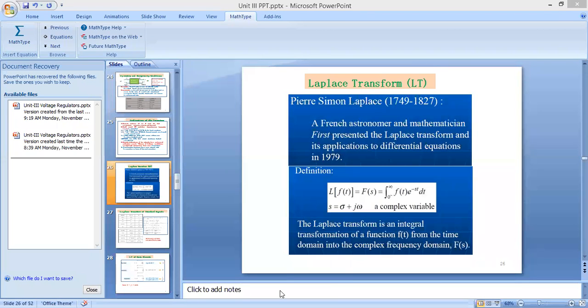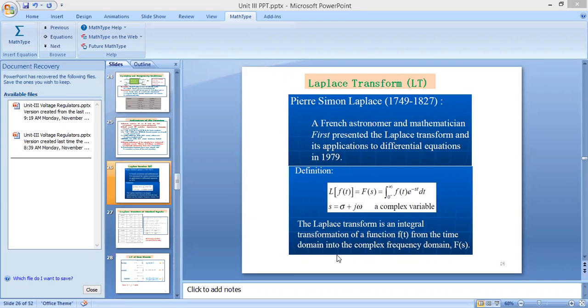We can use the Laplace transform to solve difficult differential equations in a very simple way.